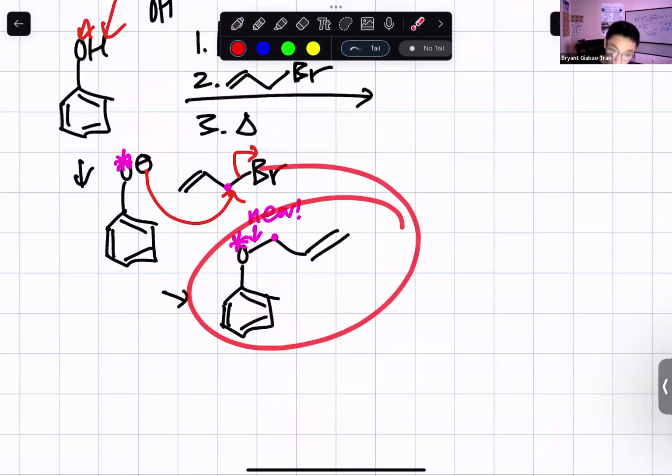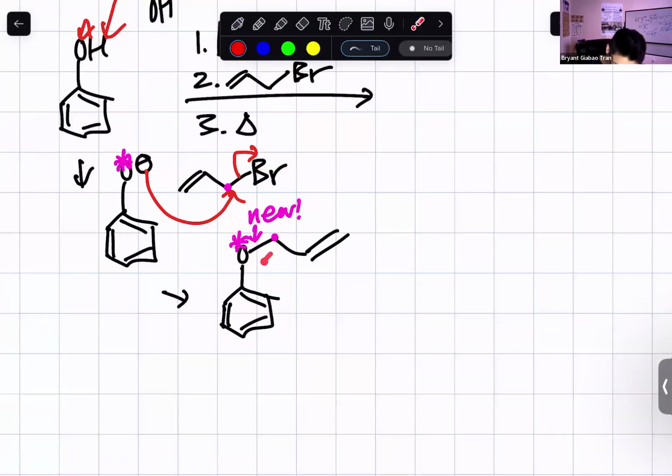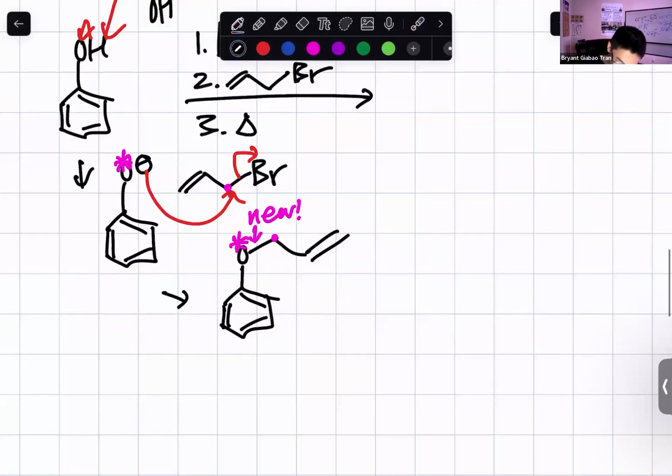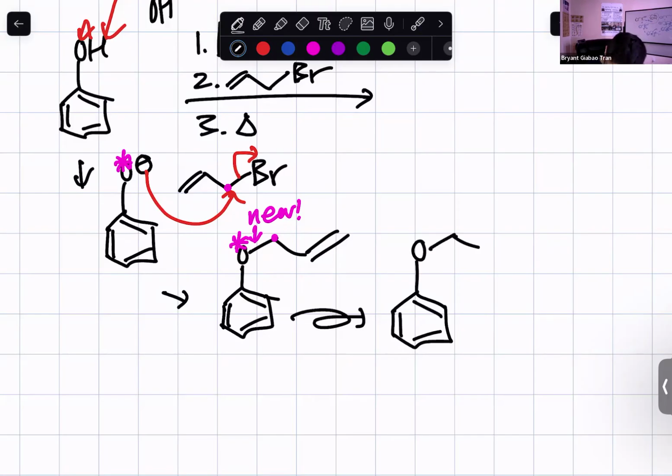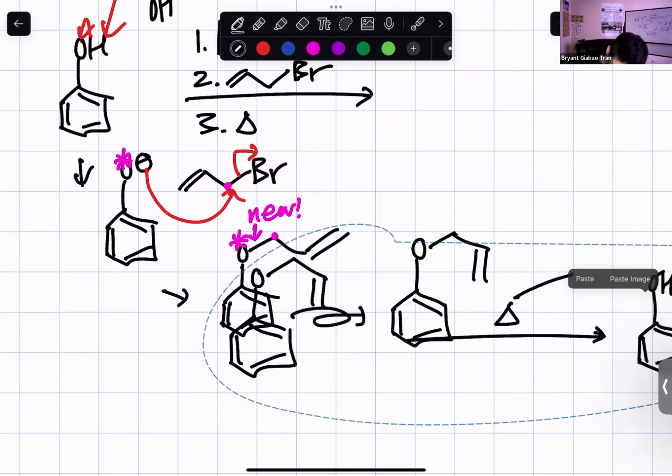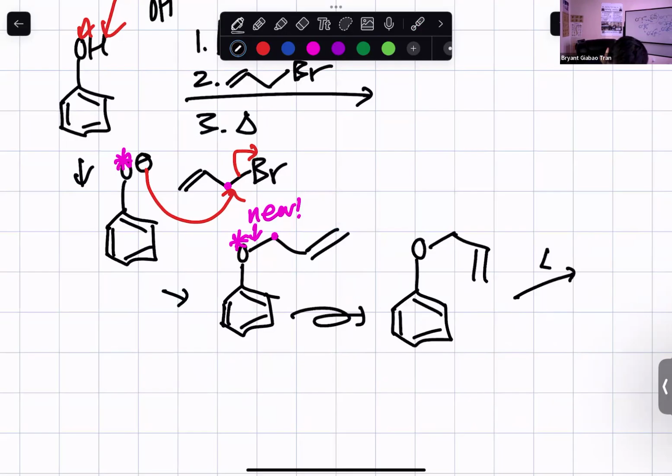This is an allylic vinylic ether. This is the allylic position, this is the vinylic position. So I could rotate this to make it easy to draw the mechanism arrows for Claisen rearrangement, because when we have heat, we're going to make that bond there, shift this double bond to make a double bond there, and break that bond to make a double bond there simultaneously.